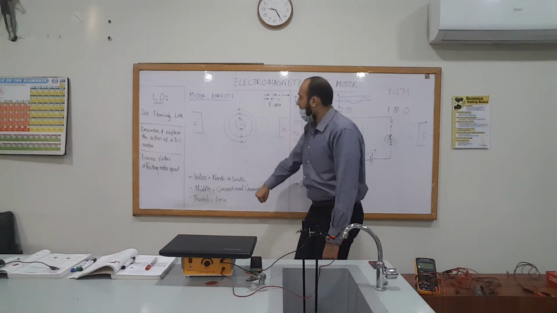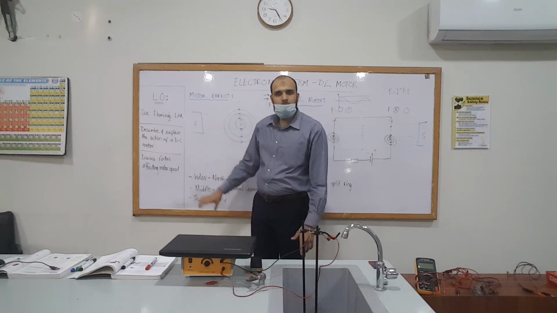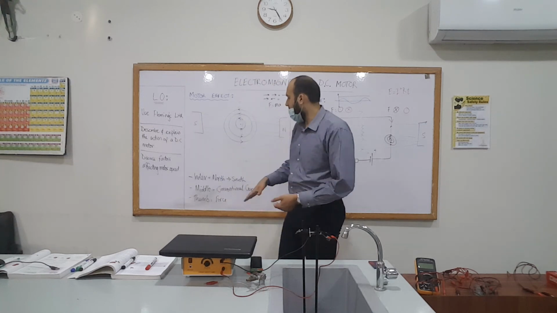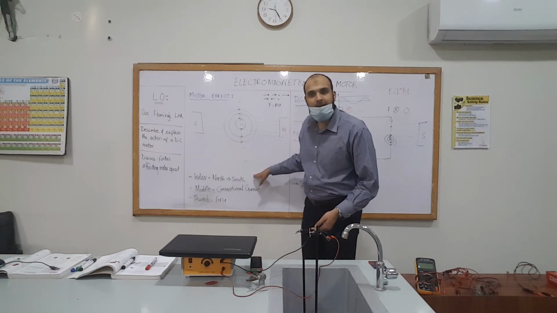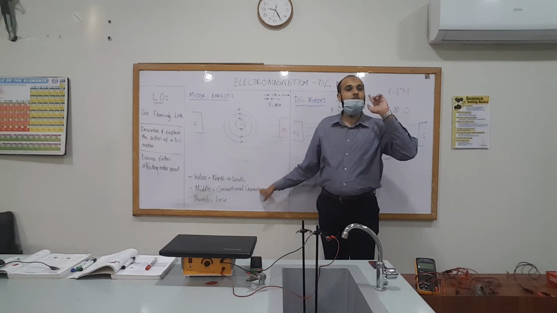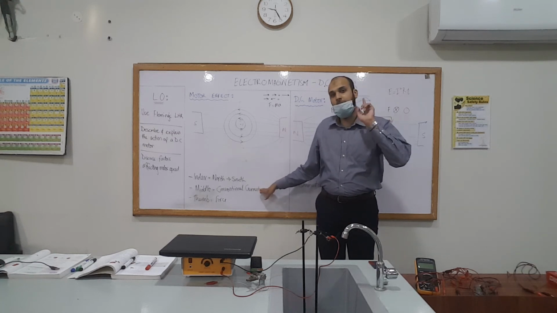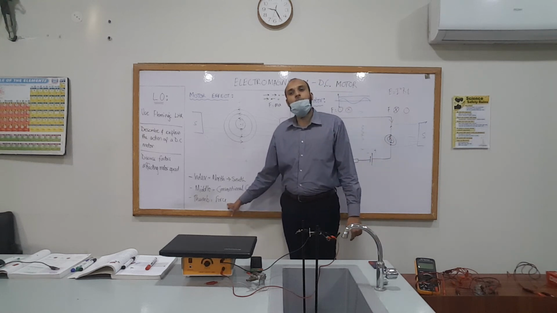The whole thing can be summarized using something known as Fleming's left-hand rule. So it's just a rule that helps us relate the direction of the magnetic field lines with the direction of the conventional current. Remember, it's conventional current, not the electron flow. Electron flow के लिए opposite आप करेंगे, and with the direction of the force that will be felt.